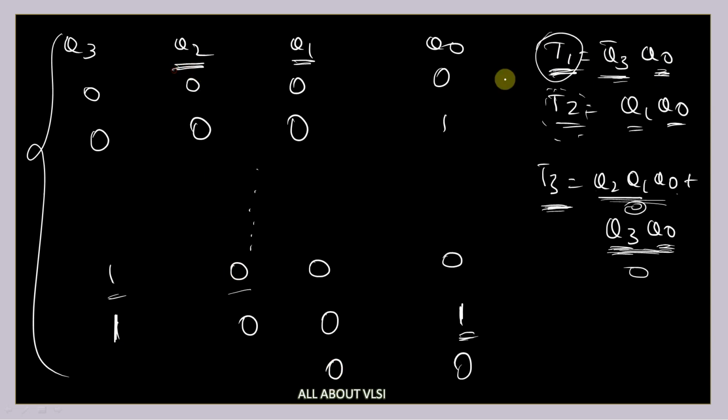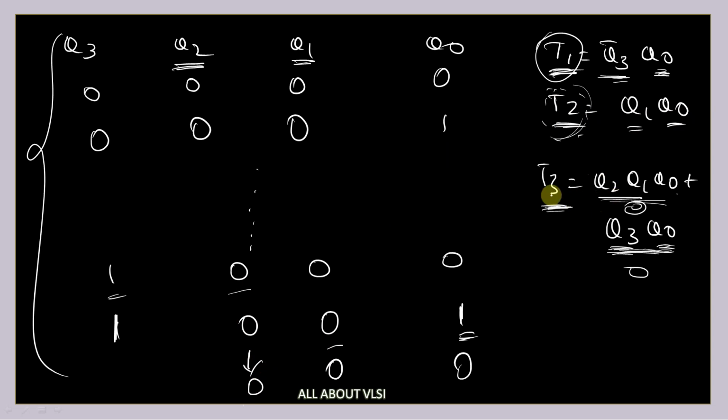And coming to Q2, we should check for T2. If T2 is equal to 1, then there will be a toggle condition in Q2, or else Q2 will remain the same. T2 is nothing but Q1 into Q0. Q1 is equal to 0 and Q0 is equal to 0. So T2 is equal to 0. There is no change in the value of your Q2.